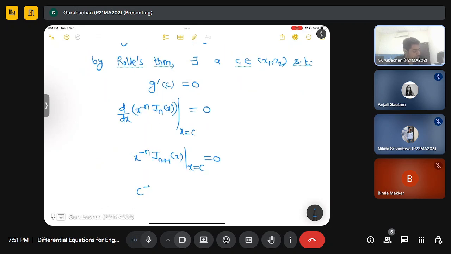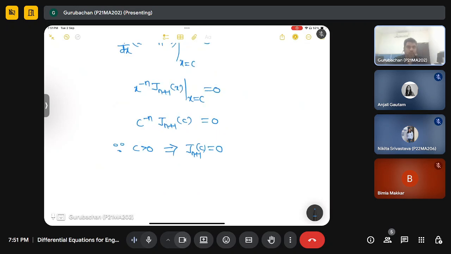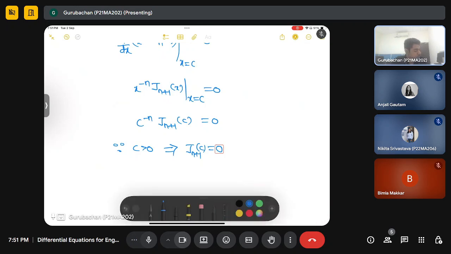So that means c to the power minus n J_(n+1)(c) will be 0. Because c is positive, this implies that J_(n+1)(c) must be 0. So that's what we wanted to show: in between any two consecutive positive roots of J_n, we get a root of J_(n+1).